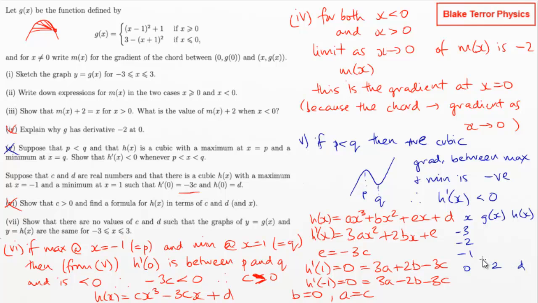So for G of X at minus 1, we are getting 3, because we just got 3 minus 0 from up here. And H of X at minus 1 is going to be, what we got here? We've got minus C plus 3C, so 2C plus D. Right, so they could be consistent.